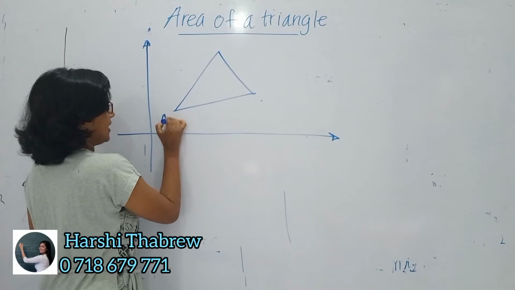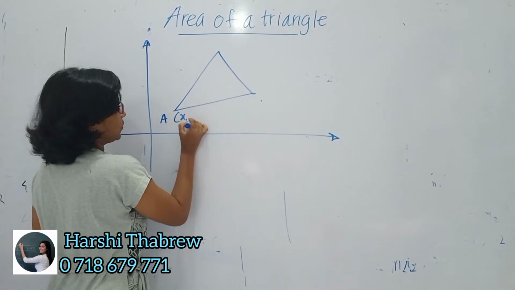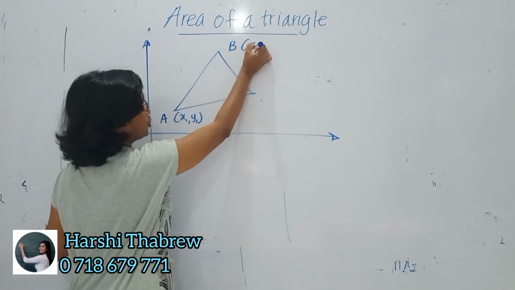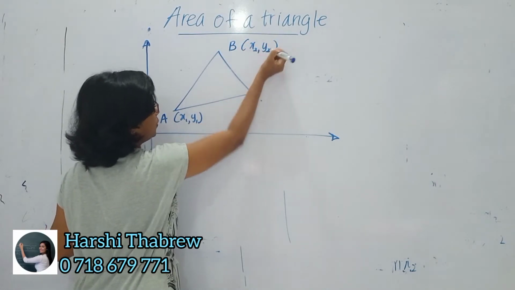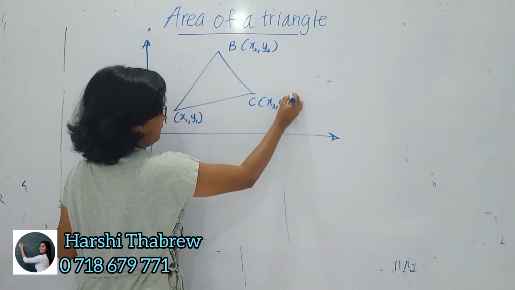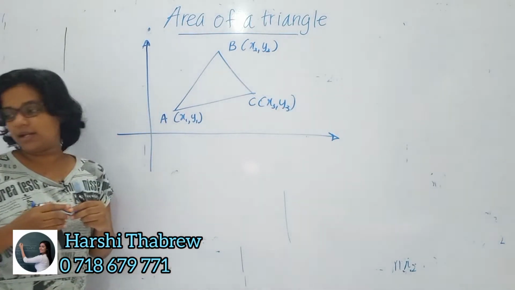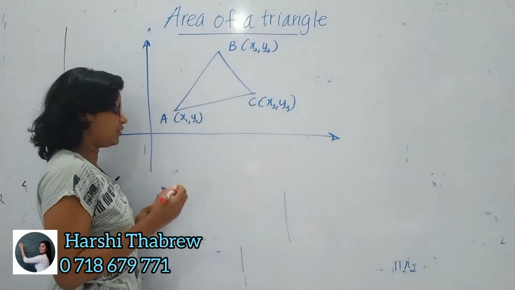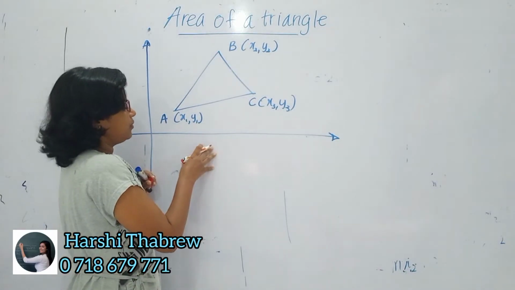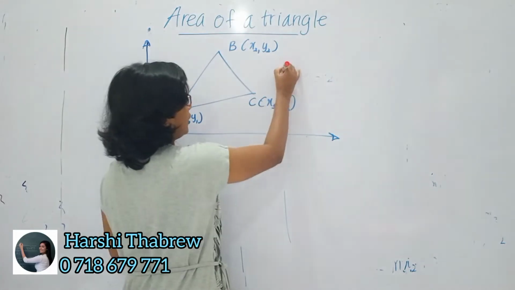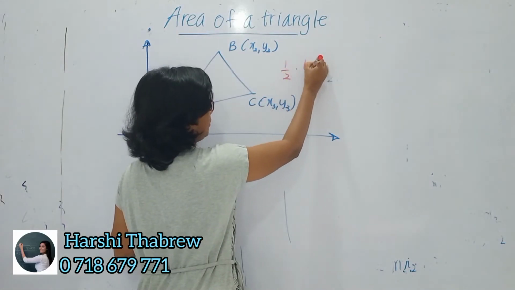Let's take this as A, it's x1, y1, and B, x2, y2, and C, x3, y3. Then tell me, what is the formula to find the area of a triangle? It's half into height into base.